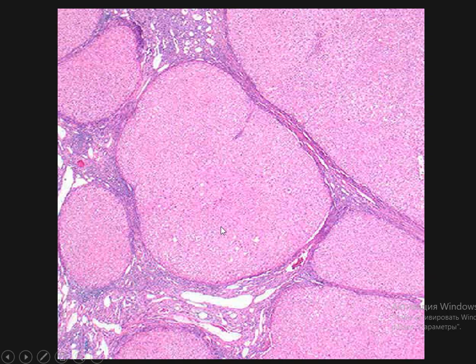So in the liver you can see multiple noduli or lobuli, but we name these false lobuli because they don't have a central vein and they are not organized like a normal liver lobule. And all these false lobuli are surrounded by fibrotic tissue.